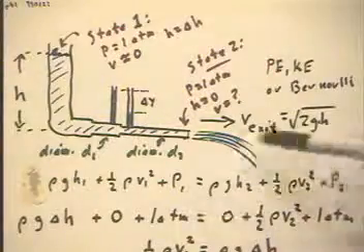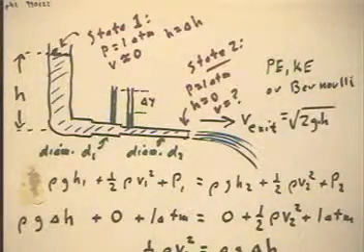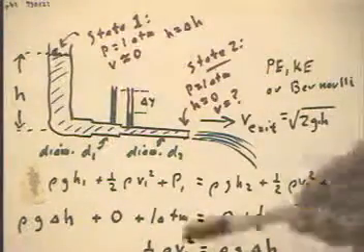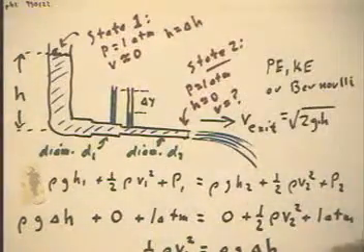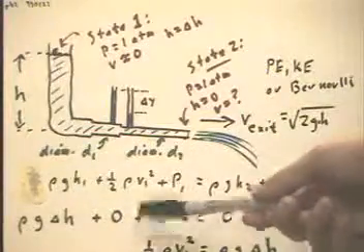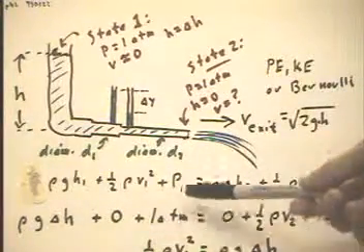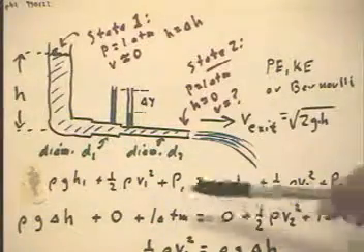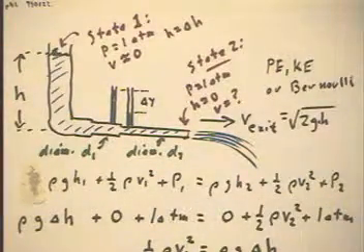Okay, so in any case, this is what we get for the exit velocity, and of course we can analyze that using Bernoulli's equation. State 1 here, state 2 here. In state 1, the velocity is 0, so this term's 0. The pressure is 1 atmosphere. In state 2, the pressure is 1 atmosphere, so we're going to be able to subtract those pressures.